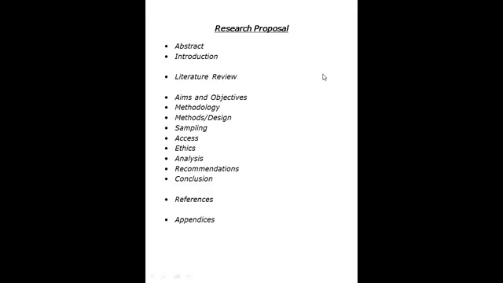So I expect there to be an abstract, a synopsis of your research proposal outlined in your submission. It's not included in your word count, but it should be there. You will have to provide an abstract when you submit it for an ethics committee, so it's an important skill.